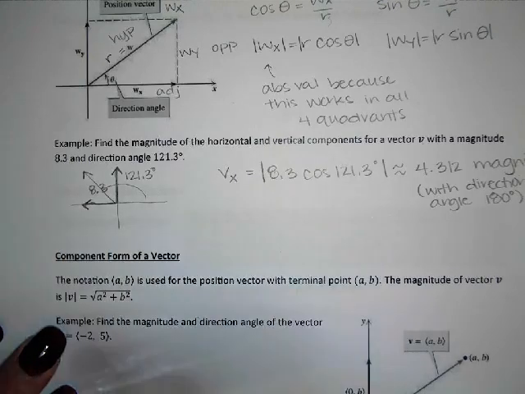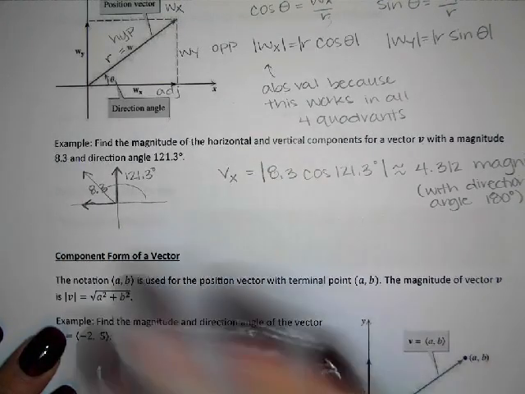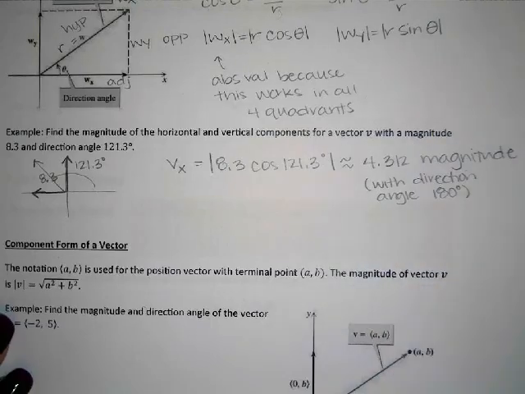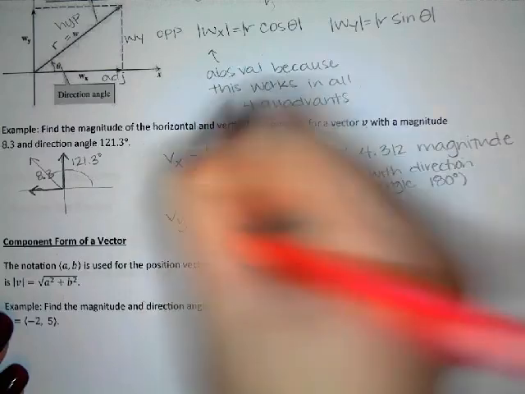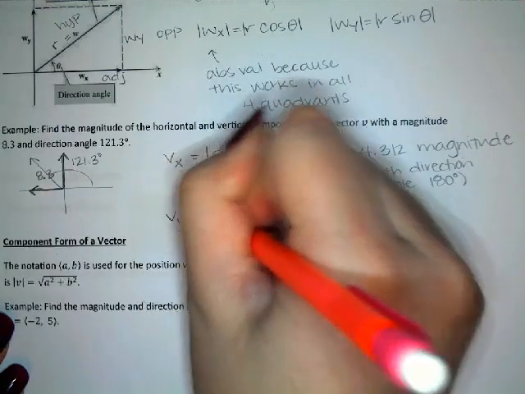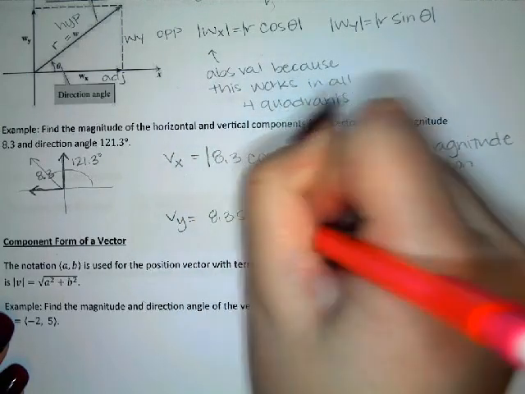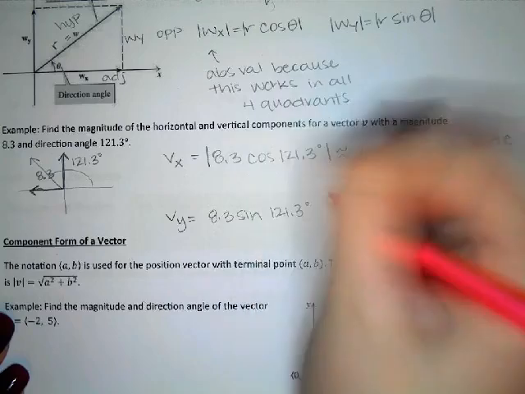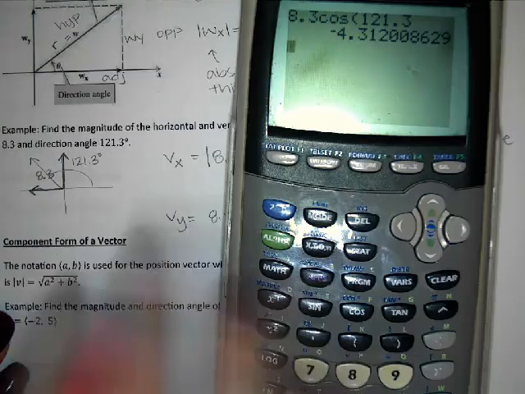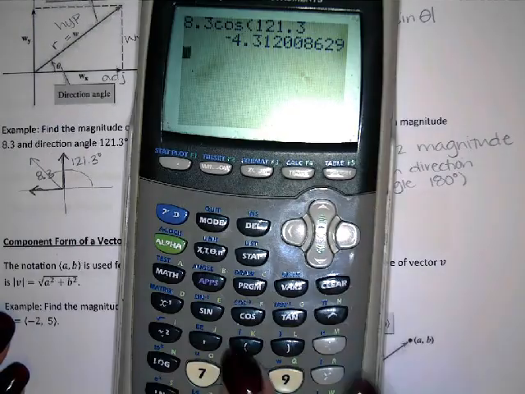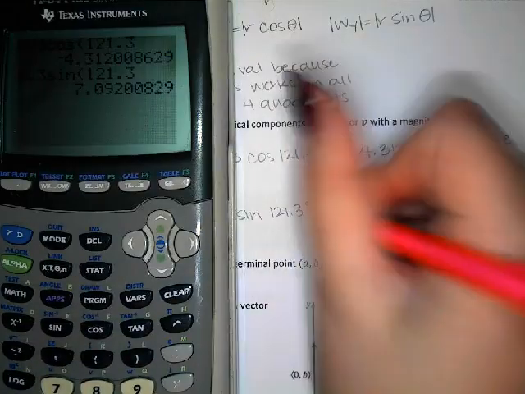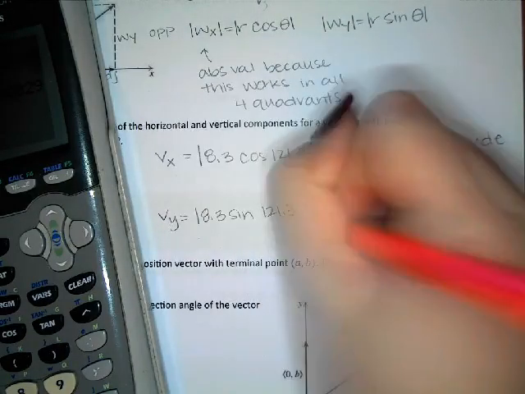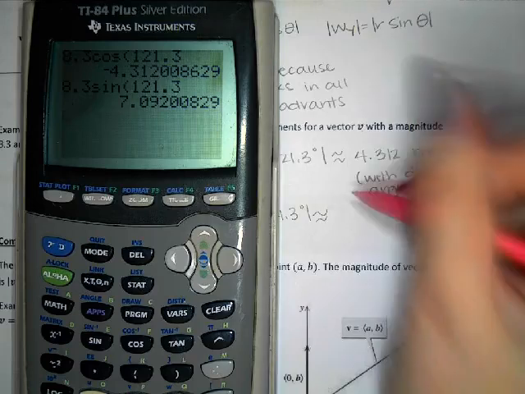Okay, so next we're going to talk about the vertical component. So this is going to be v sub y. And so we're going to have 8.3 sine of 121.3. And this one's going to be positive because this is pointing up. The magnitude of this one, but again, you can put it in an absolute value sign because we know that the length should always be positive. 7.092 magnitude.